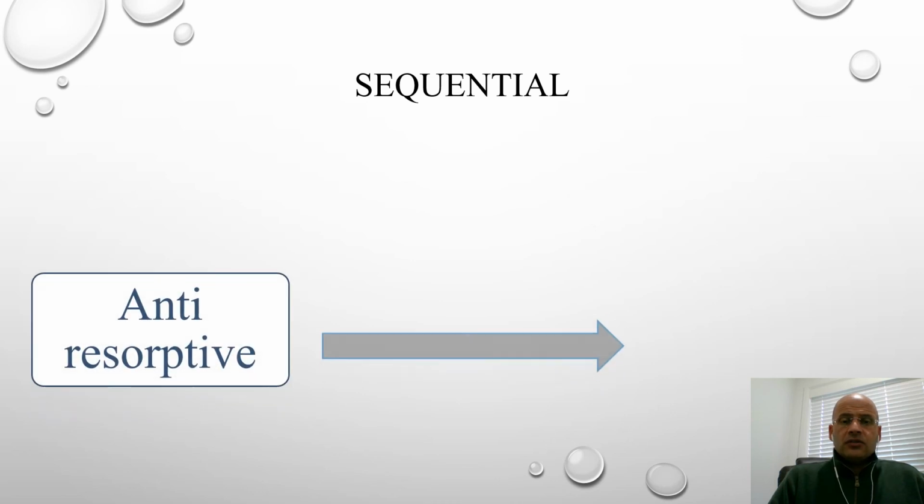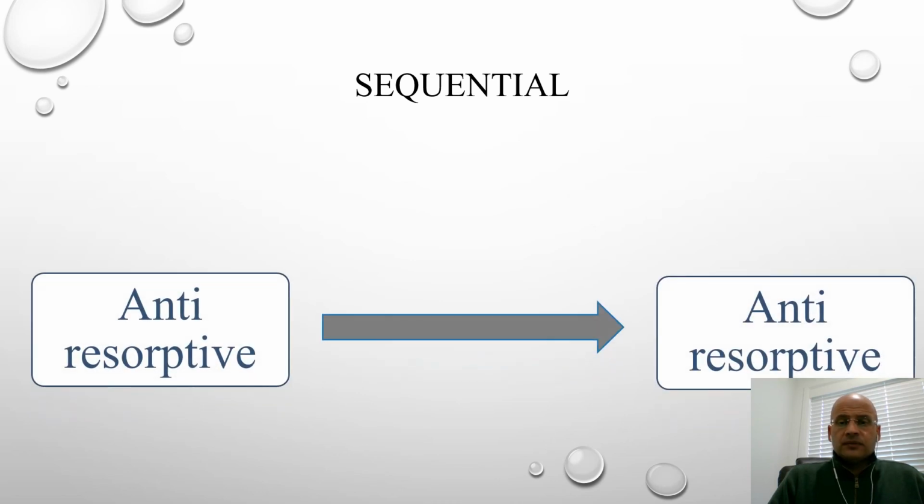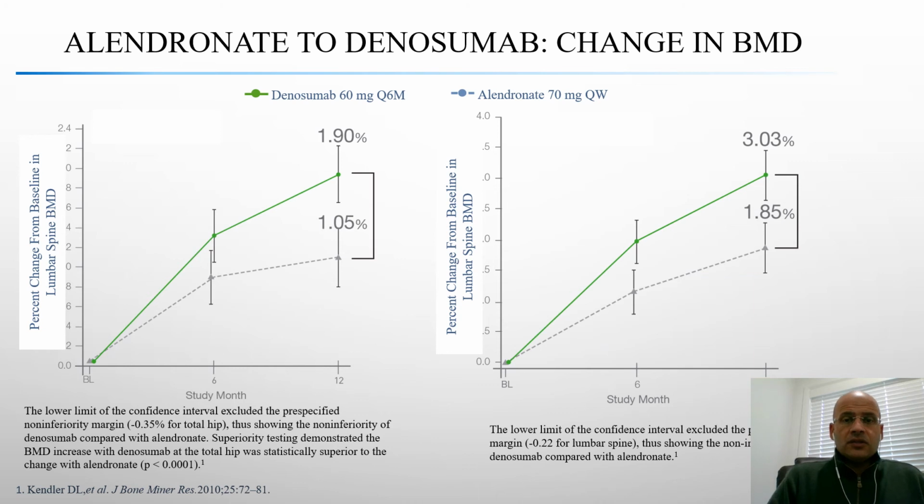So, anti-resorptive to another anti-resorptive. This is a study that showed the impact of switching over from alendronate to denosumab.